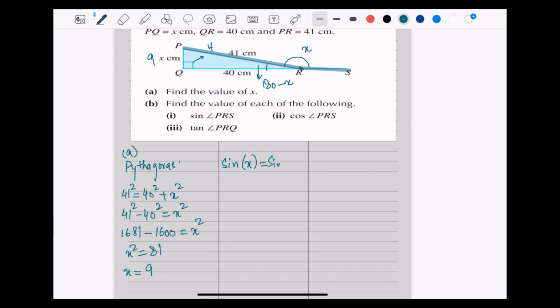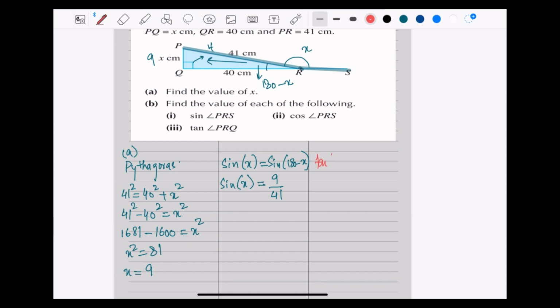We can say that it is the same as sine of 180 minus x. So sine of x is going to be sine of 180 minus x, which is the opposite, and hypotenuse is 41. So sine of x, or sine of PRS, is 9 over 41. You can't simplify that further.